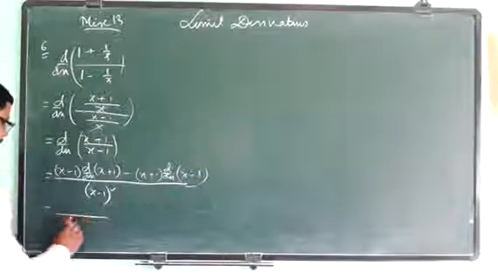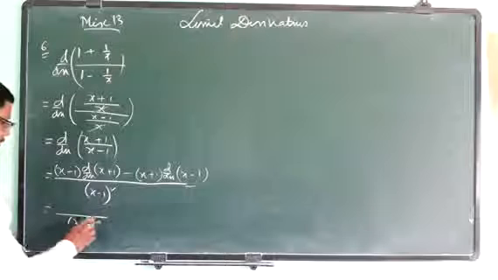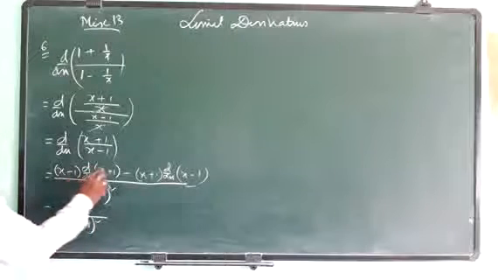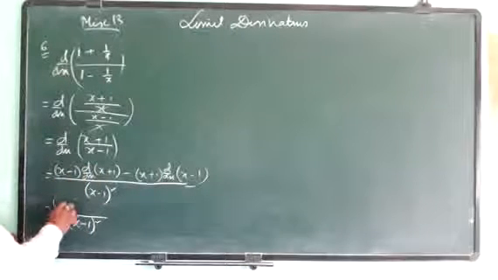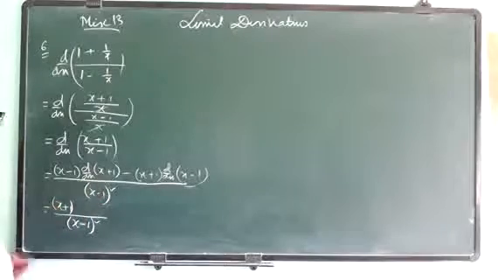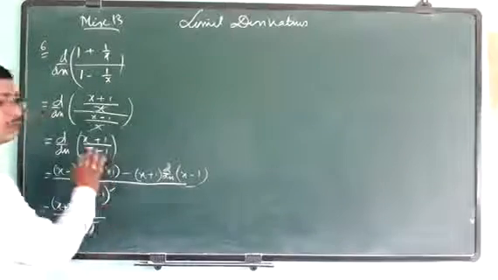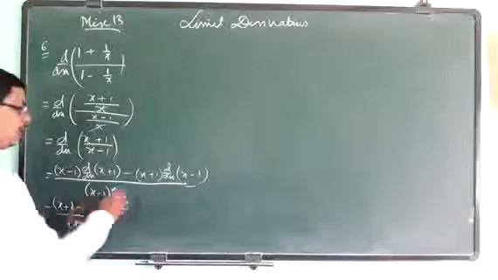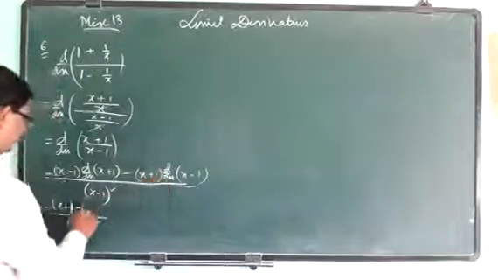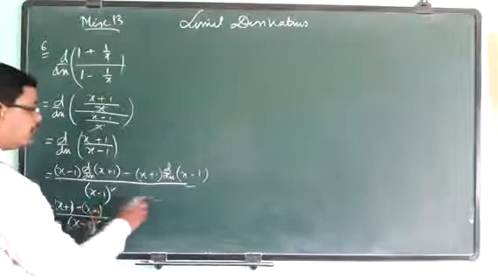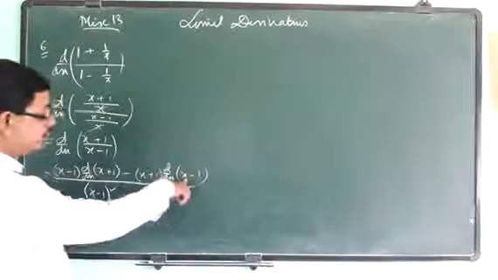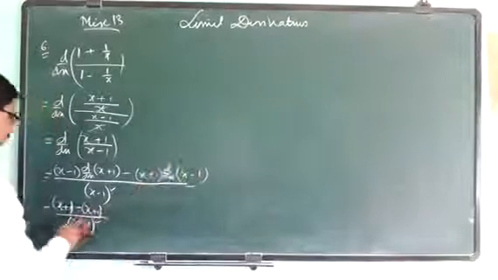Now its answer will be (x minus 1) whole square in the denominator. Times (x plus 1), if we differentiate x it is 1, and if we differentiate 1 it is 0. Here we keep x plus 1, and if we differentiate x it is 1 and minus 1 is 0.